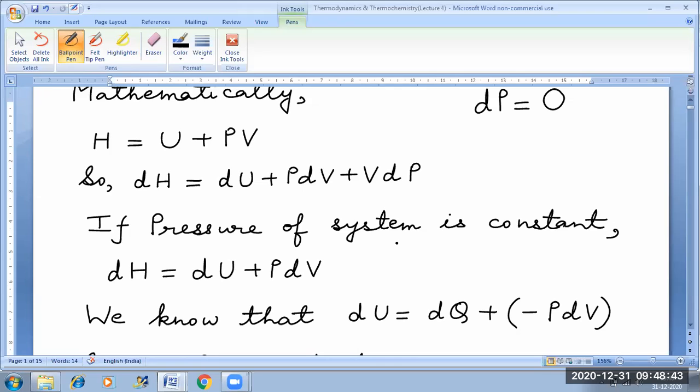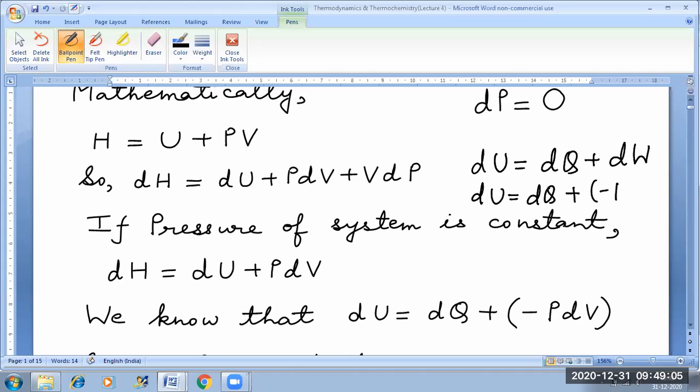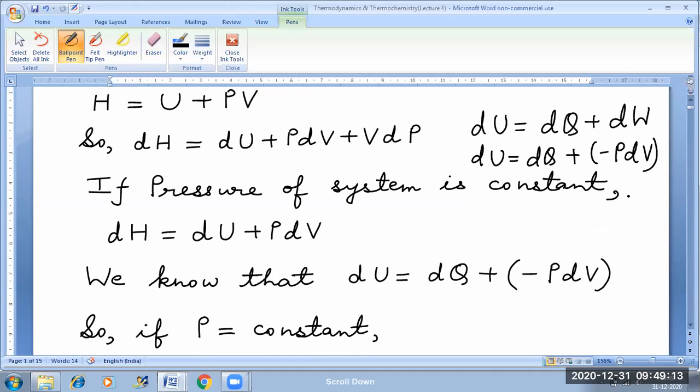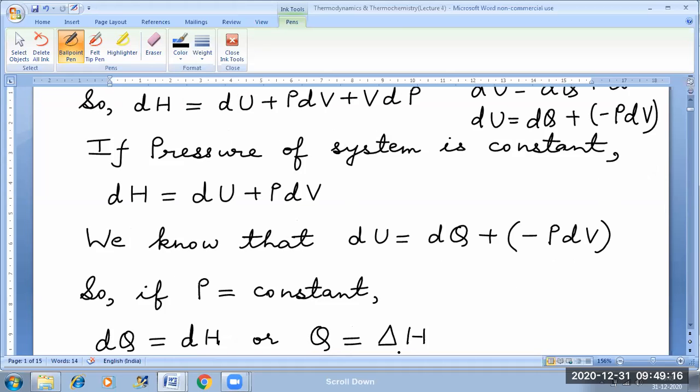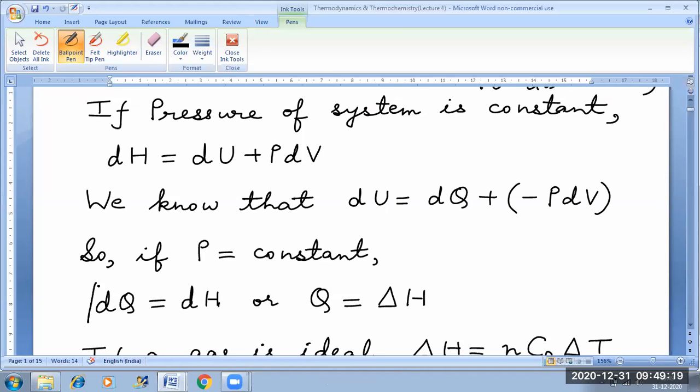From the first law of thermodynamics, we already know that dU is equal to dq plus dw. This is the first law of thermodynamics in differential form. Now dw is nothing but minus PdV. If pressure is constant, that means dq becomes equal to dH. How?